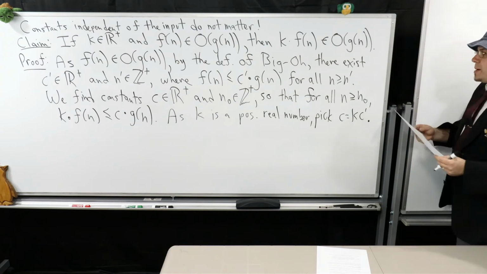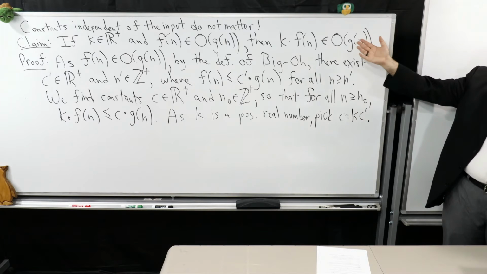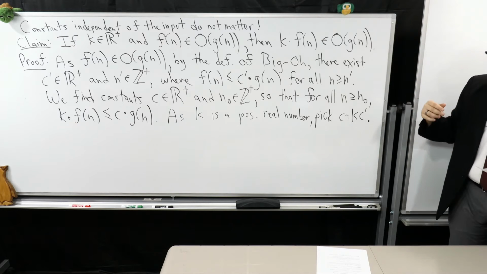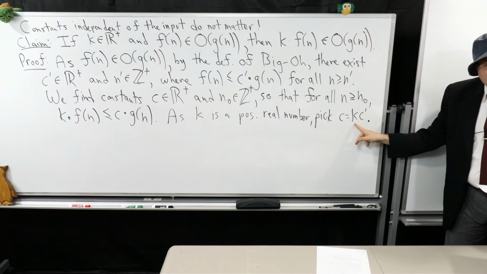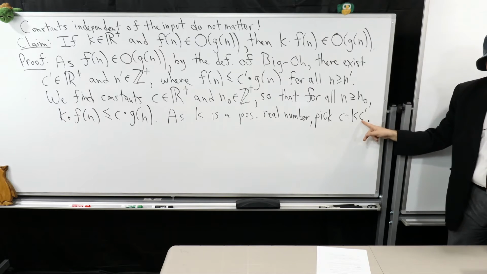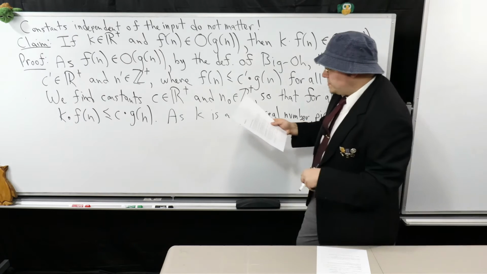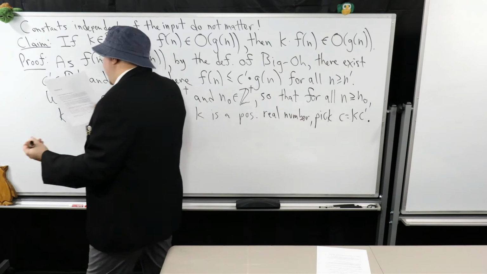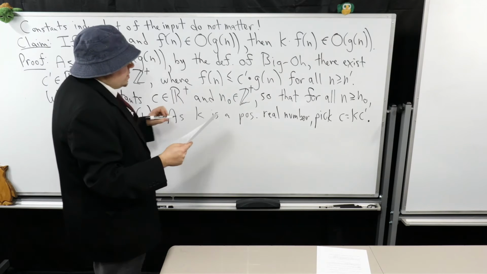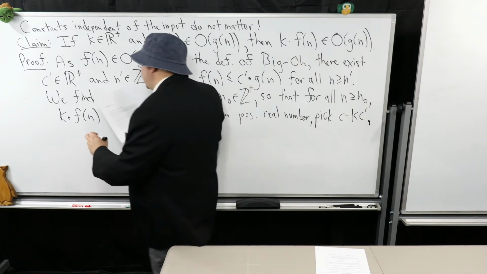So remember, k is just some number, and it's not related at all to n. That's what it means to be independent of the input. So I could treat it like a constant. So I have k, and c prime is another constant. So I'm just going to multiply these two constants together. And that's going to be my constant c. So I'm going to pick c in this fashion.